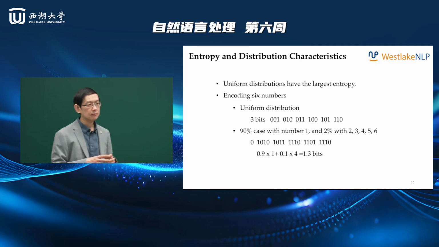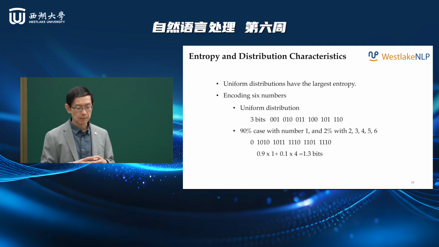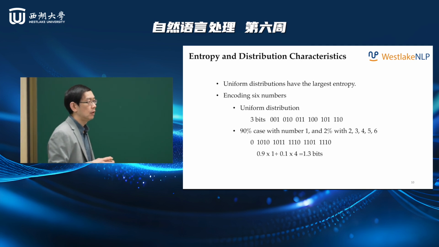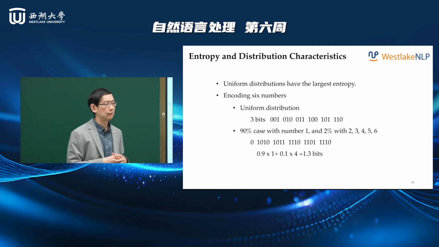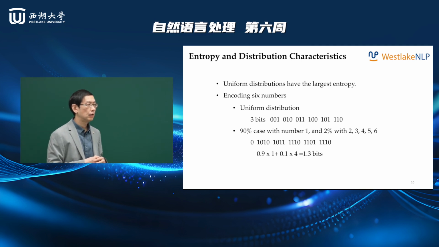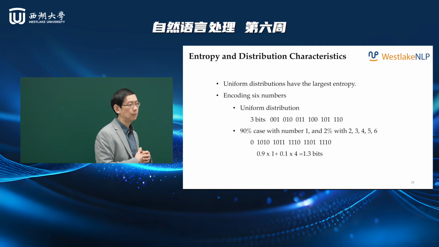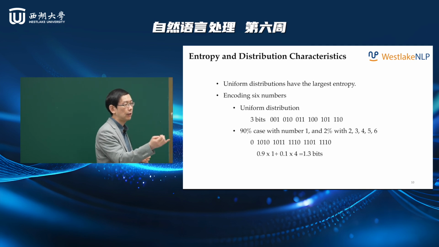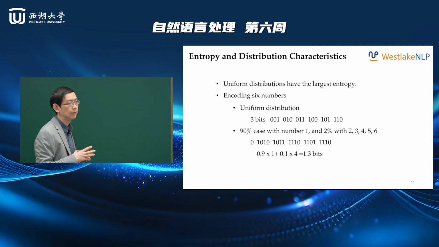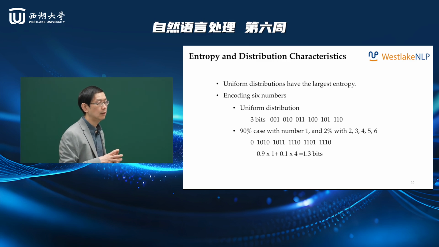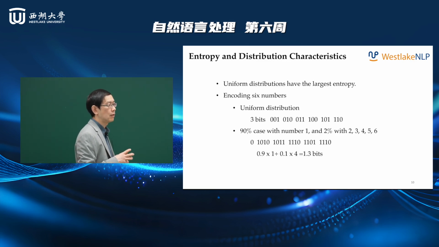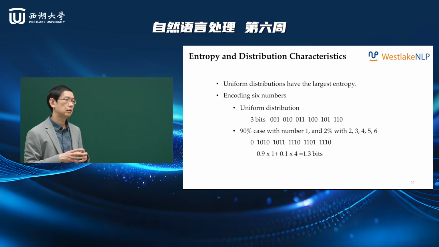But if you already know something about the dice, you know that 90% of the time you will get a 1, and 2% of the time you'll get 2, 3, 4, 5, or 6. In this case, you no longer need 3 bits to encode this event.